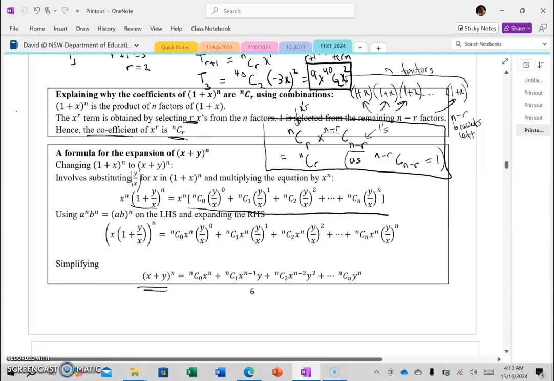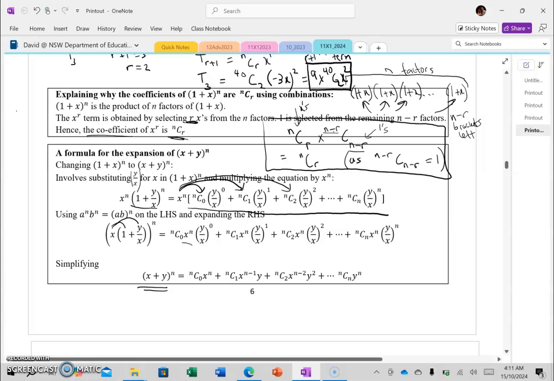So you take this whole thing and raise it to the power of, bring that power of n to the back, and then you expand that bracket. If you expand that bracket, you can quickly see you got x plus y to the n. And here, if you multiply through the x to the n everywhere, the first one becomes x to the n.